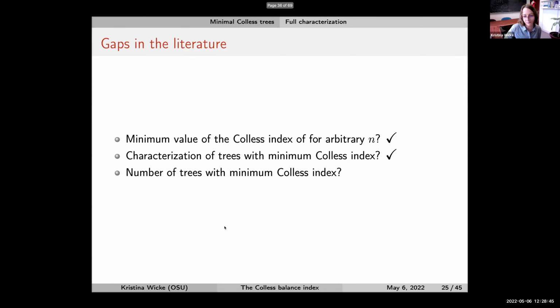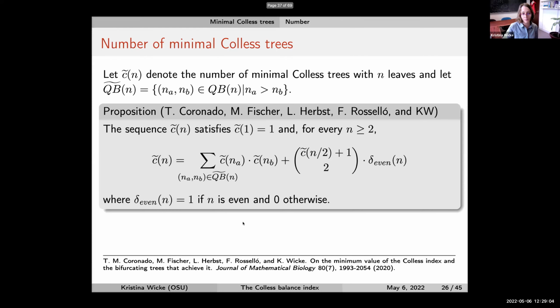Okay, so we have this characterization of trees with minimum Colless index, and this directly leads to a recursive way to obtain all minimal Colless trees. And so the last question is, can we also determine the number of trees with minimum Colless index? For that, what we currently have is a recursion, which is based on this way of recursively finding valid pairs.